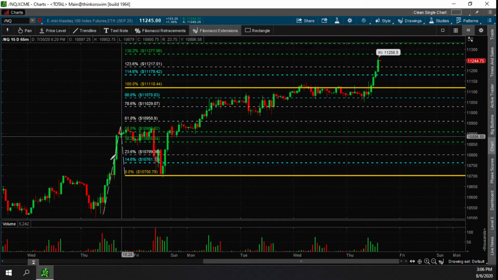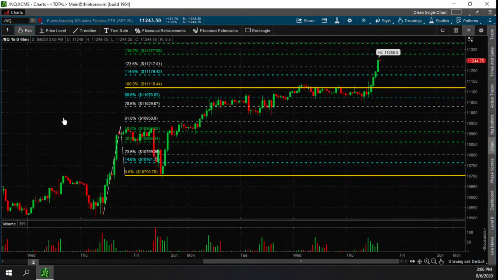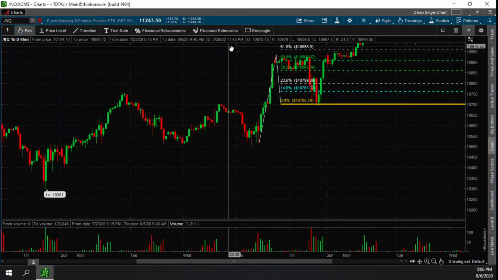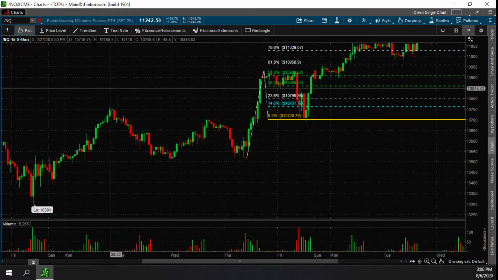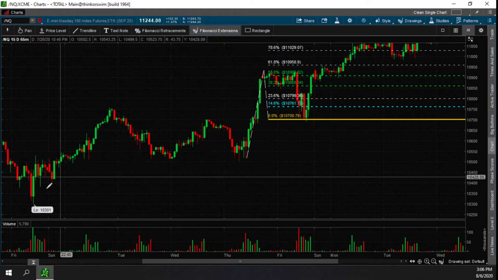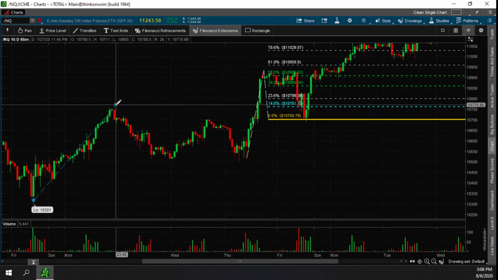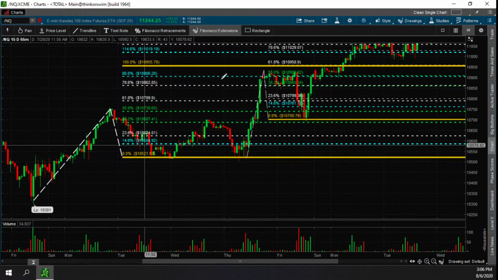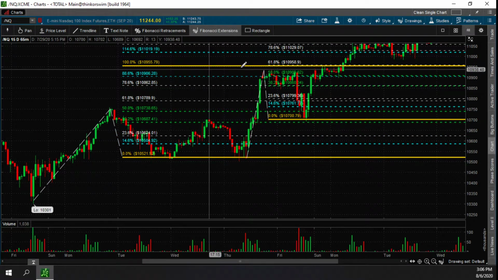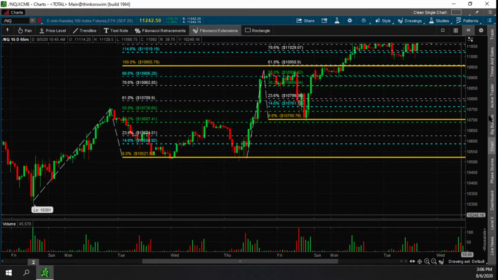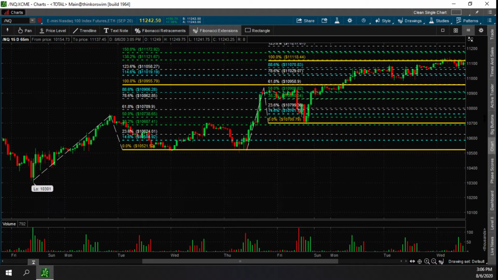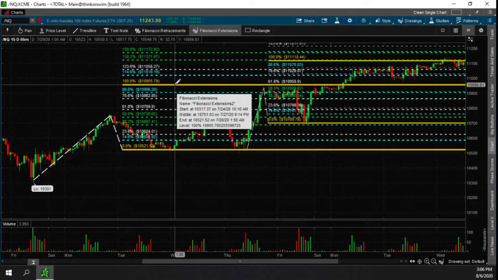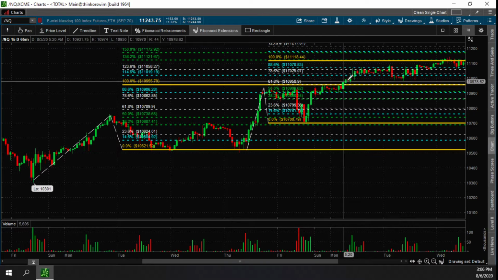As you see here, if you go back, if you take a retracement from, let's say, here to here to here, that's your 100% there again, and it broke. Once it hit that 100% here, it broke to the upside.